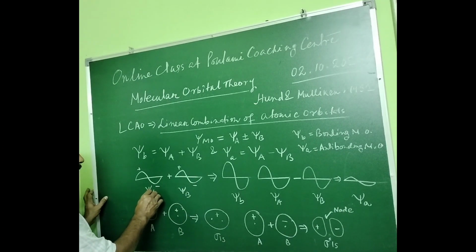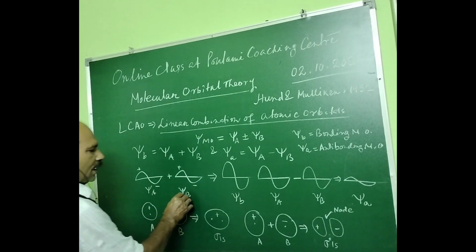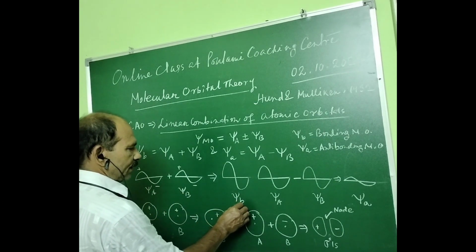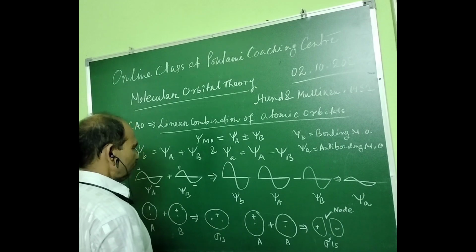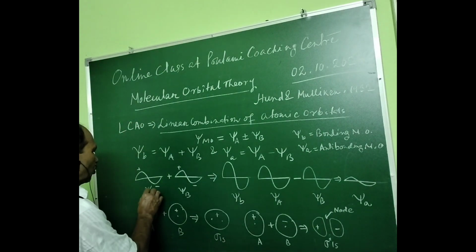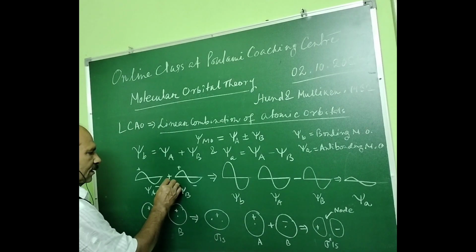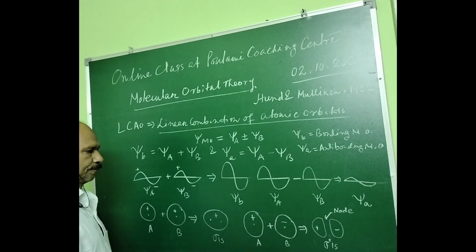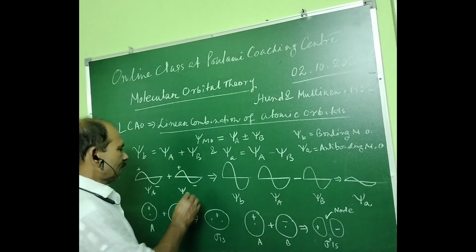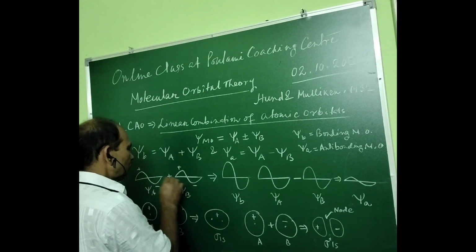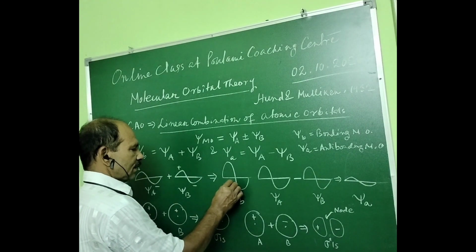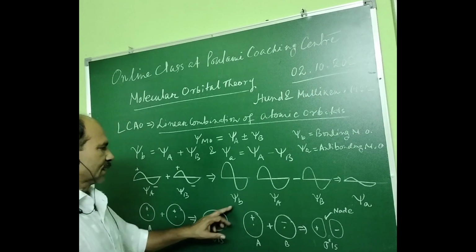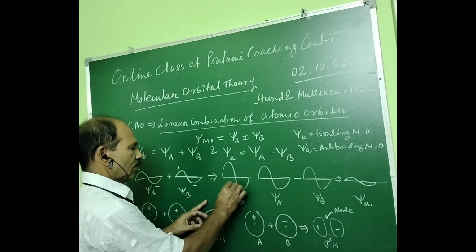When we add psi A plus psi B, we get psi b. How? These two wave functions are in the same phase, therefore they are added and we get the result psi b like this.